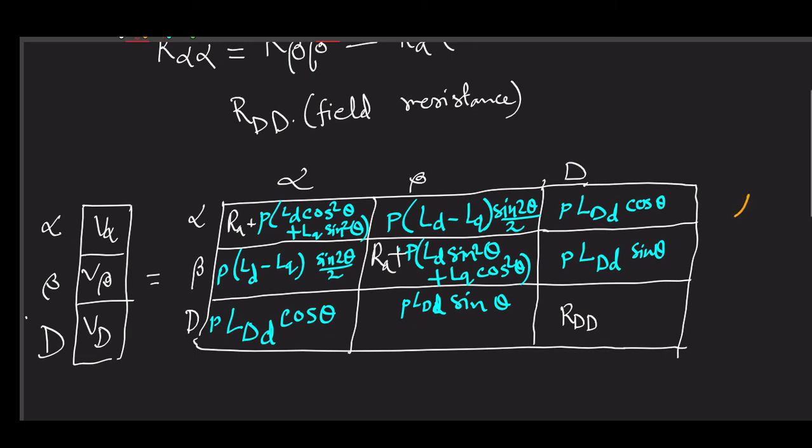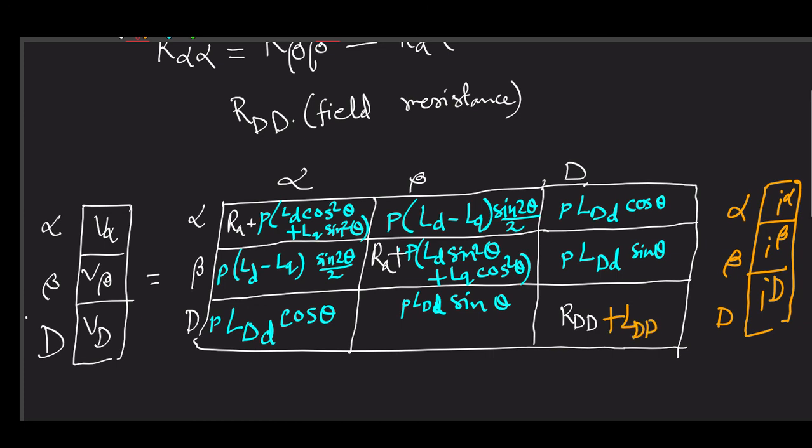We are having alpha, beta, D, I alpha, I beta, ID. Oh, sorry, I missed one term, that is LDD. Right. So P operates both on this function of theta and on the impedance matrix.